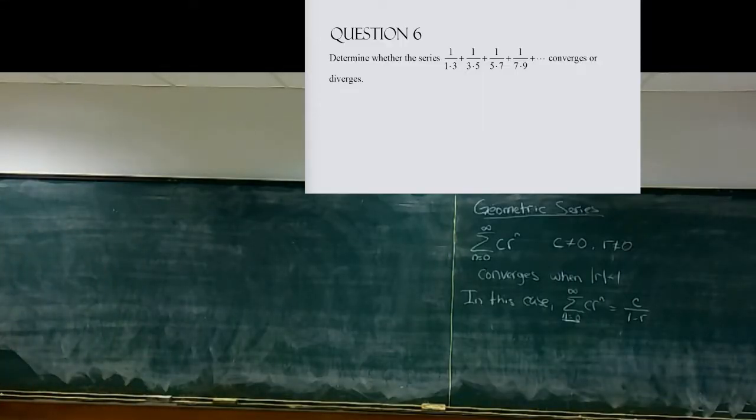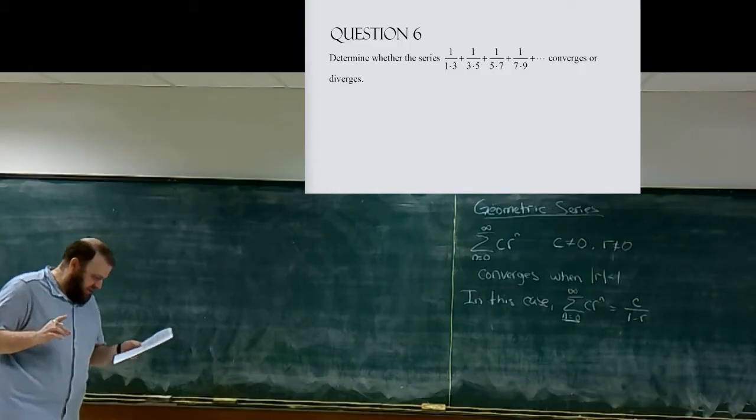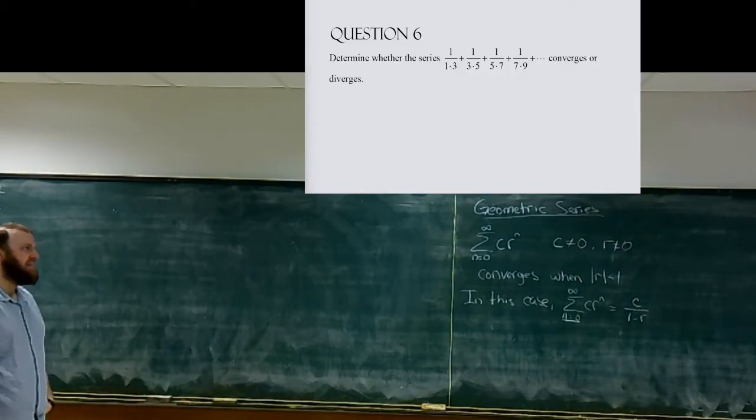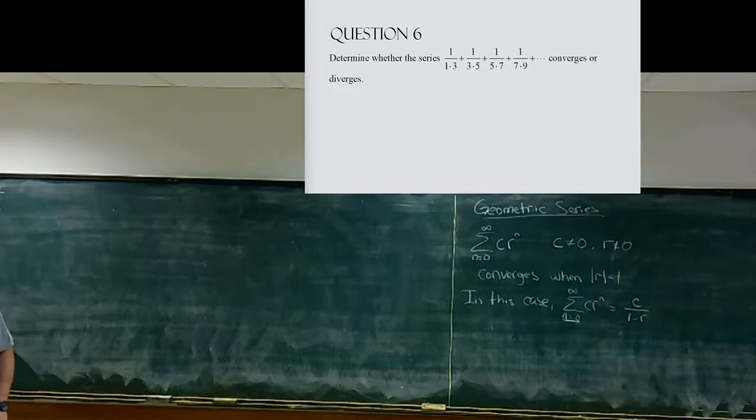I want to determine whether this converges or diverges. So first, write it in summation notation. Is that 1 over 1 times 3?